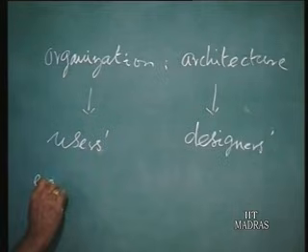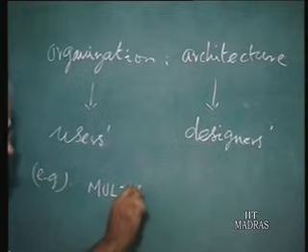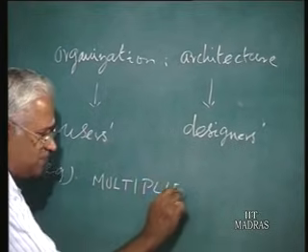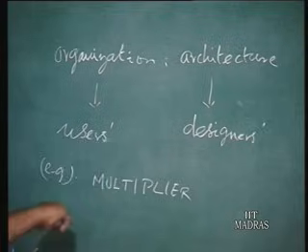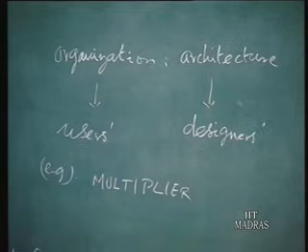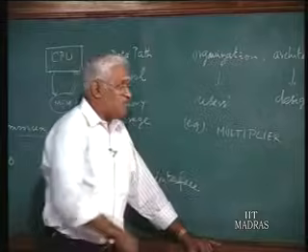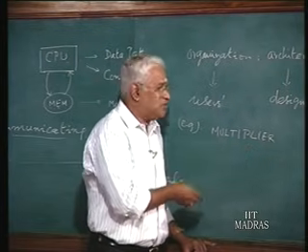Now, let us take an example. Suppose your computing system has a multiplier. From the organization point of view, it is enough if we know that the system has a multiplier, right? One need not know how exactly this multiplier is designed or implemented.